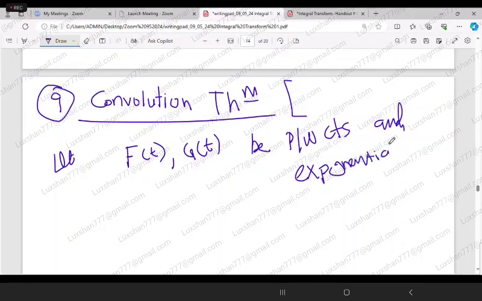We are saying this because we are ensuring that f(t) and g(t) have Laplace transform, because these are the sufficient conditions required for existence of Laplace transform. So we are saying that f(t) and g(t) are piecewise continuous functions and of exponential order.